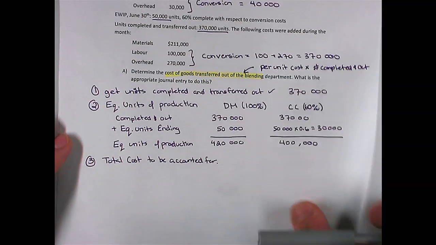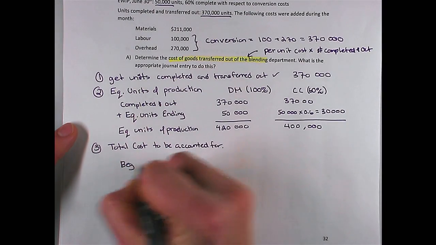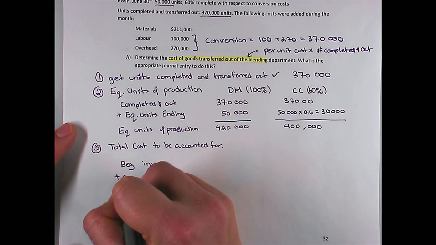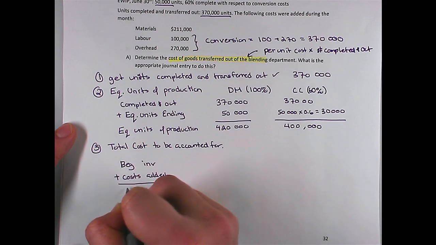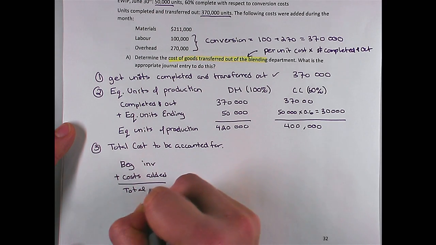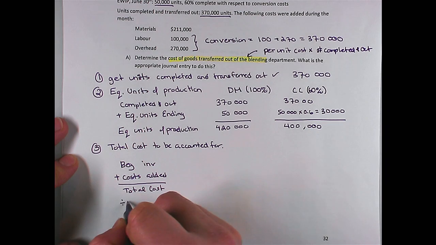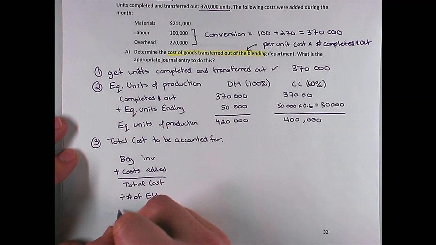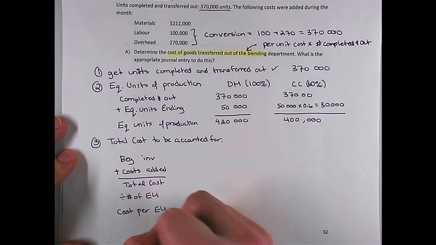So for our total cost to be accounted for, we're always going to take our beginning inventory value and add to it whatever costs were added. And that's going to give us that total cost. Because our goal is to divide by the number of equivalent units to end up with that cost per equivalent unit.